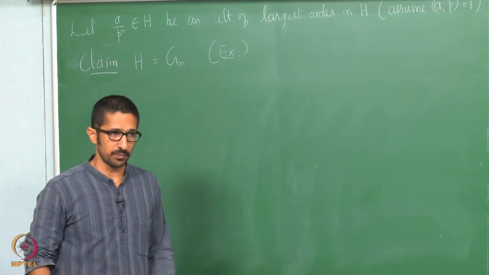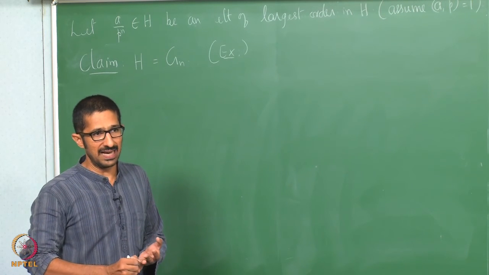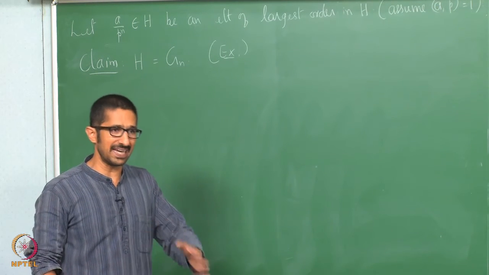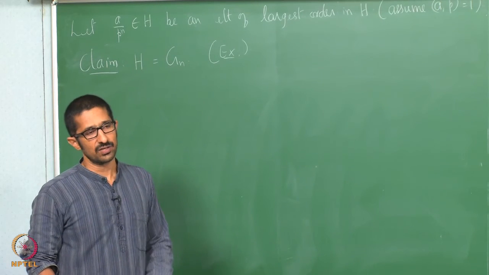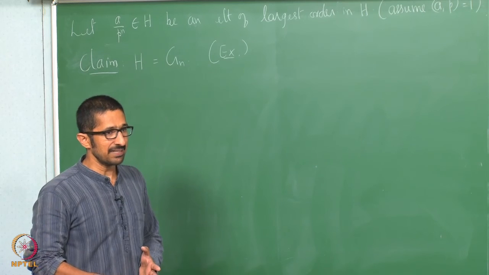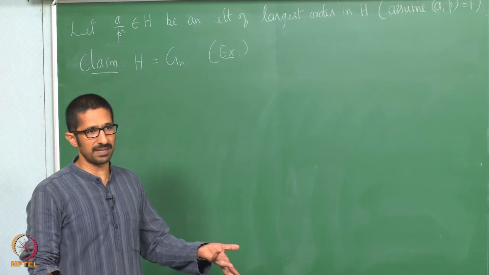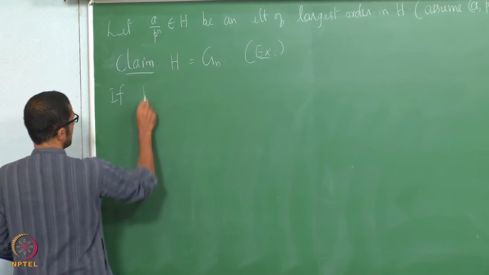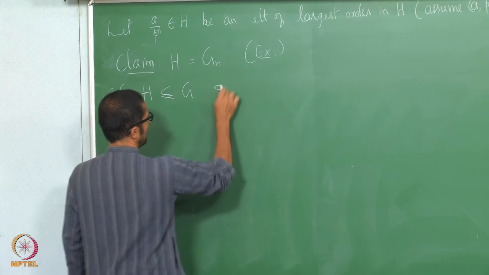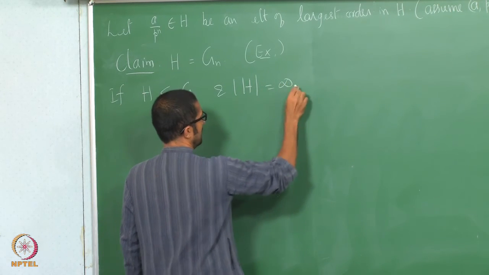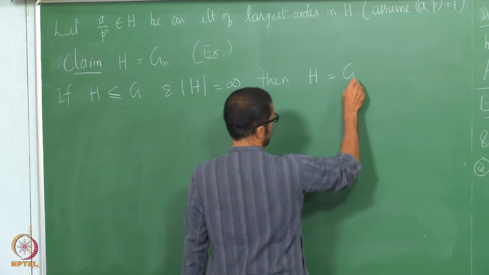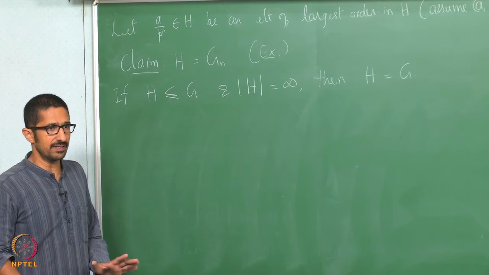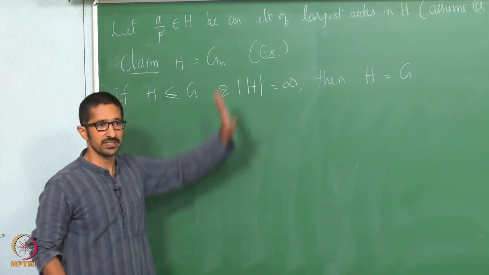Suppose H is an infinite subgroup. What does that mean? It will contain a by p power n for every n where a and p are co-prime, but then that will imply that it will contain all the G n's, and that would imply that it is equal to G. So, if H is infinite, then H is equal to G. So, what we have shown here is that the only subgroups of G are of the form G n.